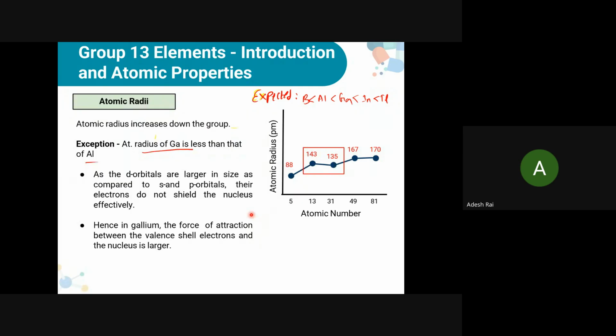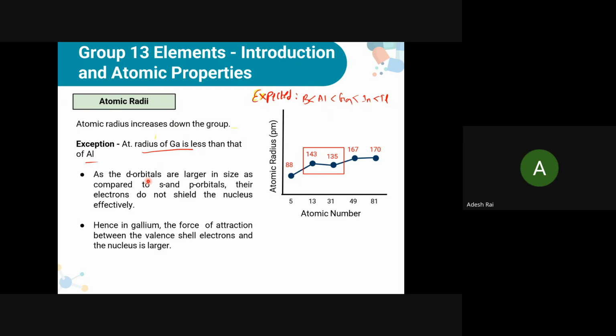But in case of gallium, what happens? Because before gallium we have all the d block elements, the d orbitals are filled with electrons. The electrons present in d orbitals are not good shielders. Because of their large size, they are not able to take the maximum nuclear charge. As a result, whatever nuclear charge is there will go to the outermost shell of s and p.